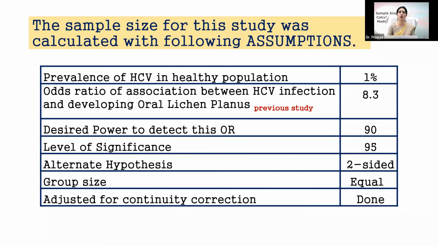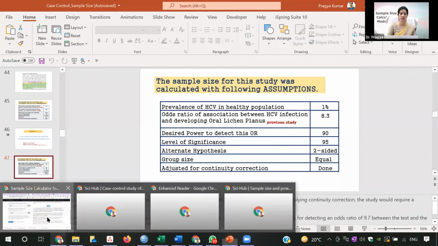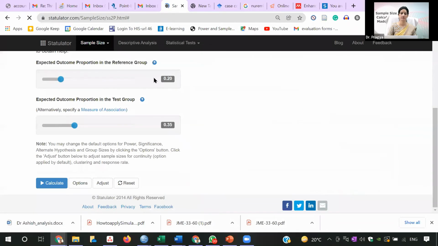Now I'm taking one as a proportion and the second in the form of an odds ratio. So I have to calculate with 1% and an odds ratio of 8.3. In this case, I'll reset this. The first is 1%, which will be 0.01. And the second is a measure of association.